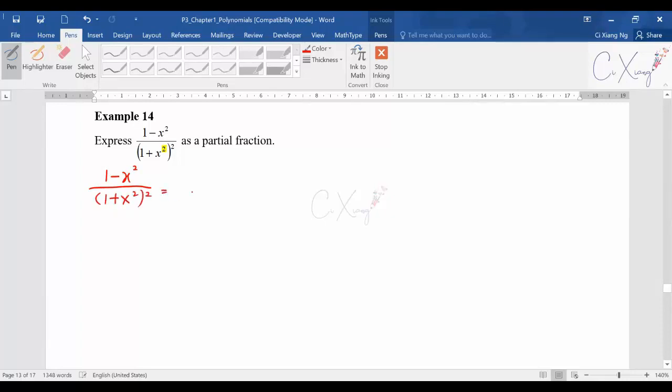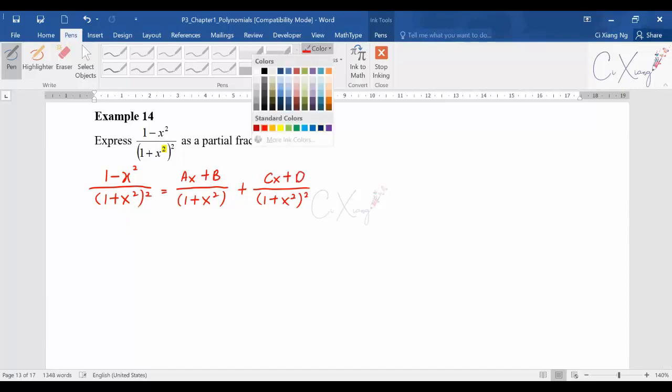So the first denominator is 1 plus x squared. The other denominator is 1 plus x squared, squared. We have a quadratic factor here, so on top I have ax plus b and then cx plus d. Your numerator should start with x power 1.